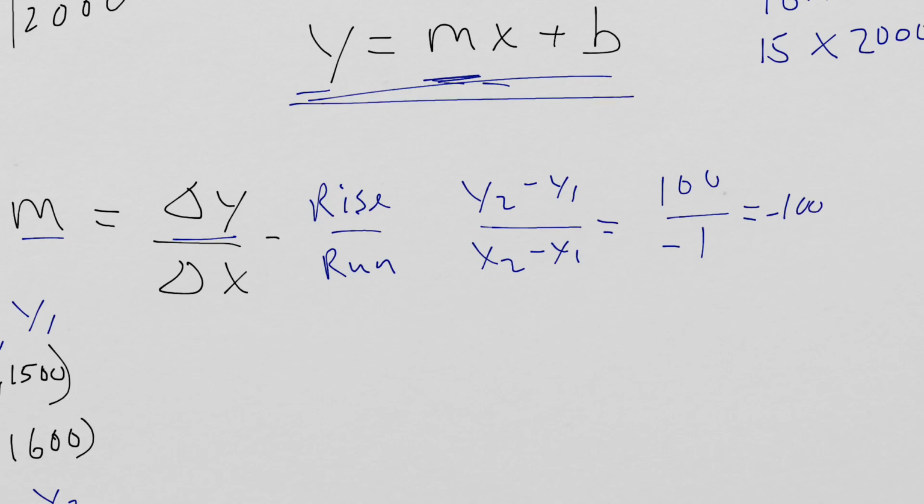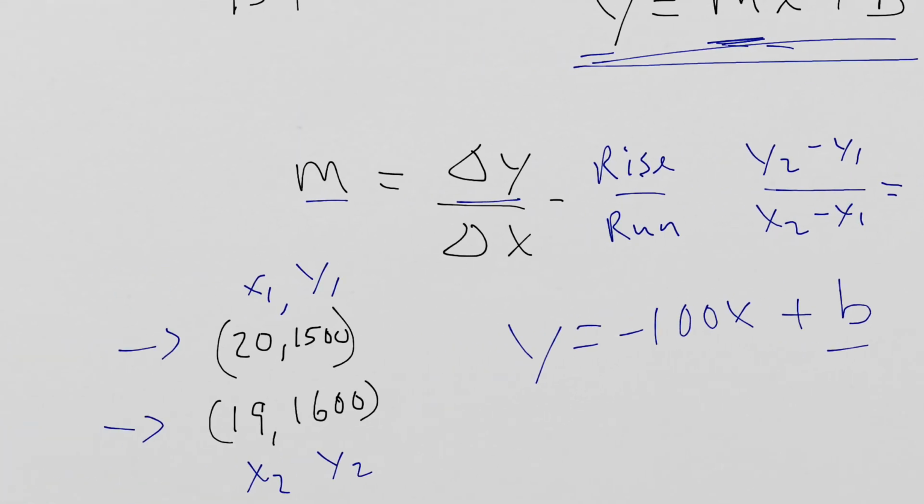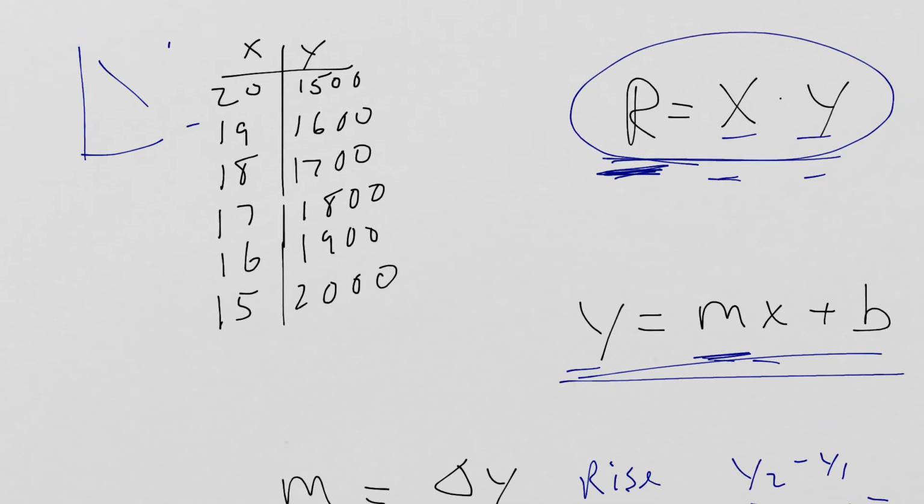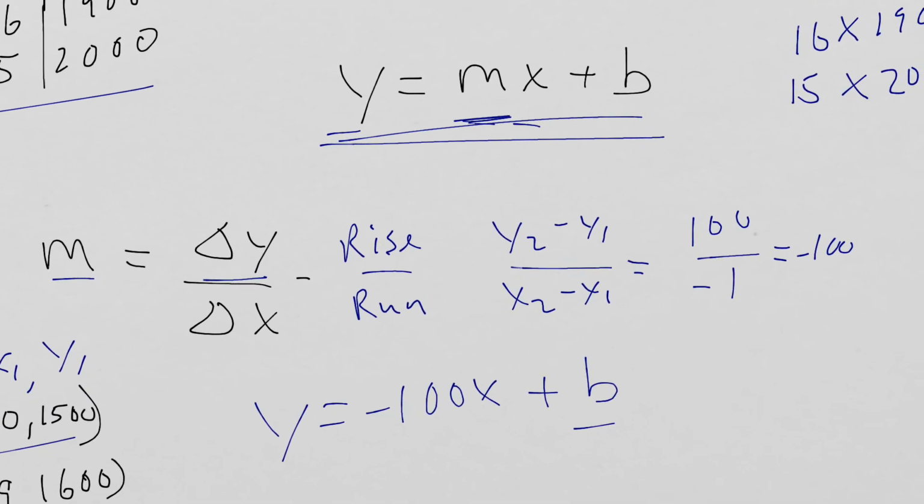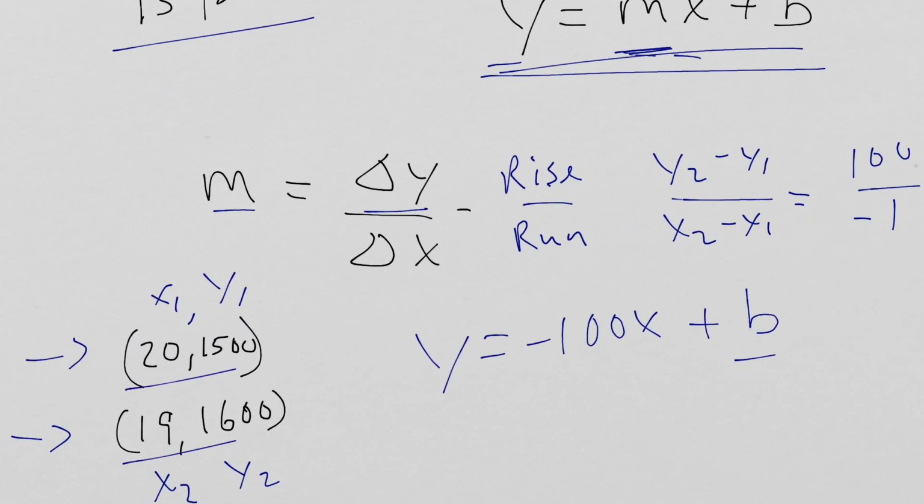So I've got part of this equation, y equals -100x plus b. We don't know b. How do you find b? Hopefully you can remember that I'm supposed to plug in a point. I can use any of these points up here. So substitute in an x and a y from one of these points, and solve for b. If I take 20 for x, this would be -100 times 20 plus some number b, and I should get 1,500.